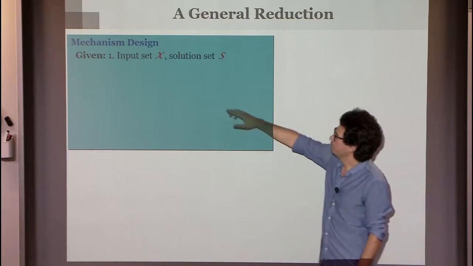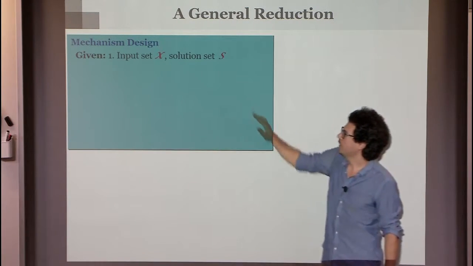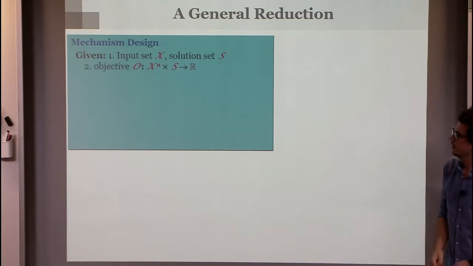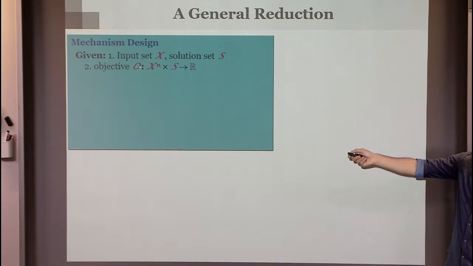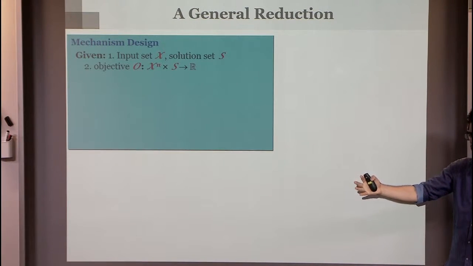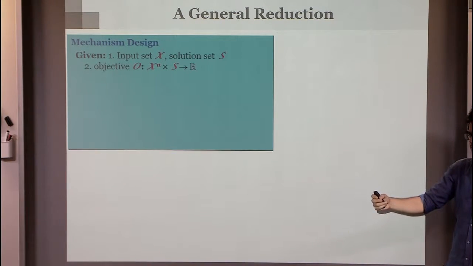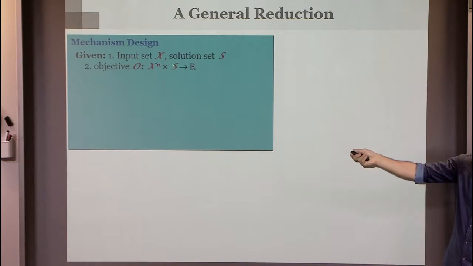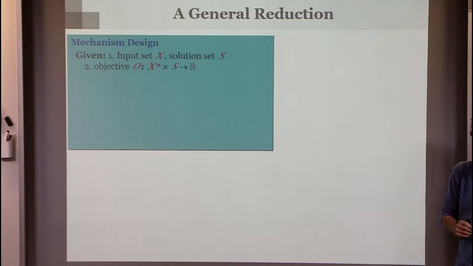You have some input set X and some solution set S, and you also have an objective function O. The objective function O will get an n-tuple of inputs together with a proposed solution, and will tell you how good the solution is for that n-tuple of inputs. That's a general way to describe an optimization problem.